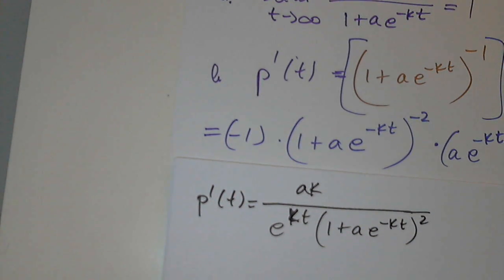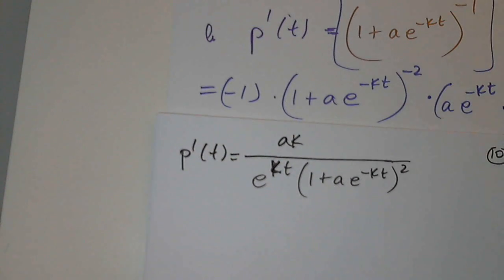So let's look again at what just happened. I have a times negative k, which is negative ak, with minus in front is ak. These do not have negative powers, they have to stay where they are. This one has a negative power, goes to the denominator with positive power. This one has e to negative kt, has a negative power, will go in front with positive power in the denominator.